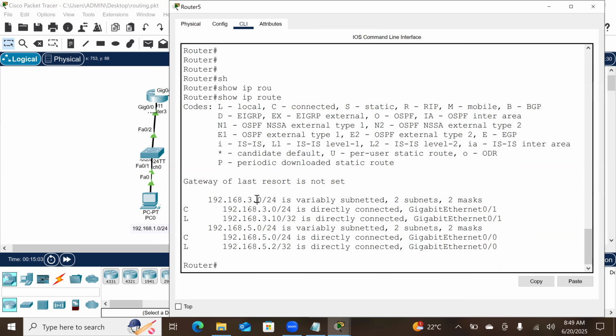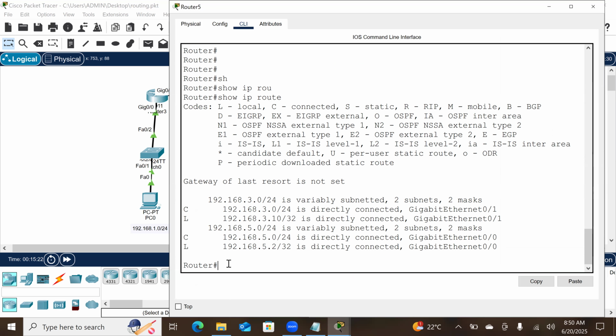Okay, so 3 and 5. Only two routes are there. Why? Because it says I'm in a different AS. Those two routers are in a different AS, so they are not exchanging their routing table with me. That's the reason I'm having only two directly connected routes here.